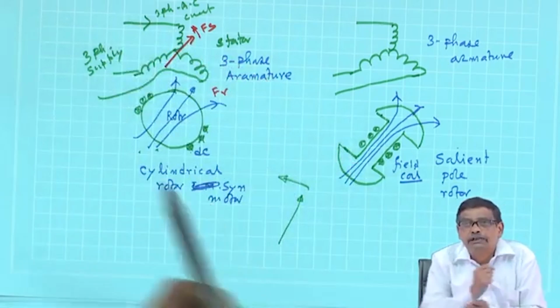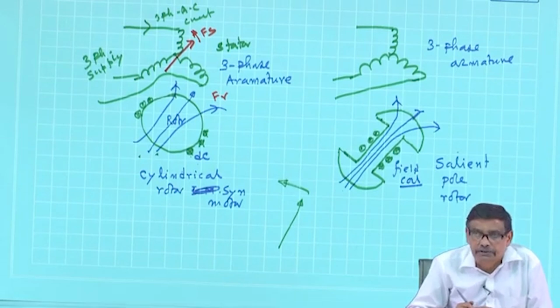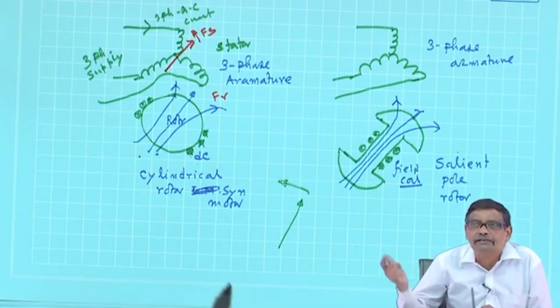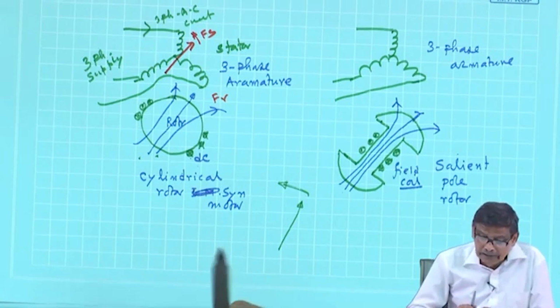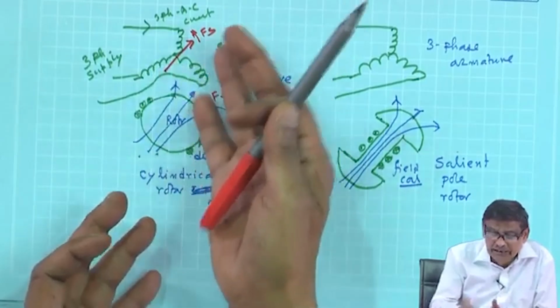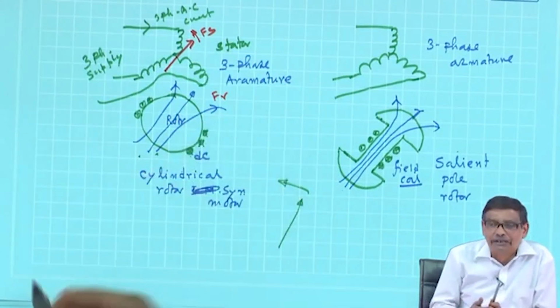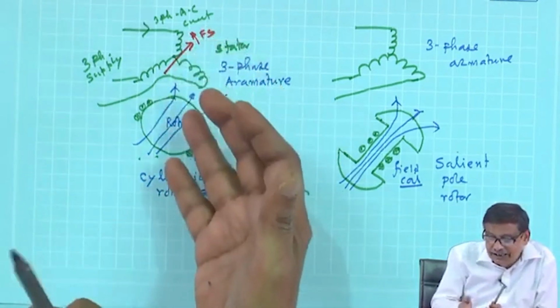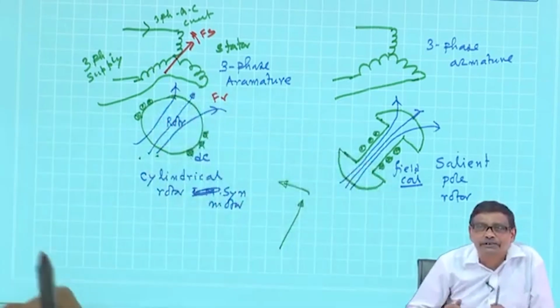Then only the angle between them will remain constant and it will develop a constant torque to balance the load torque. Here it is not. Therefore, if you want to run it as a motor, it has got no starting torque, it cannot have.